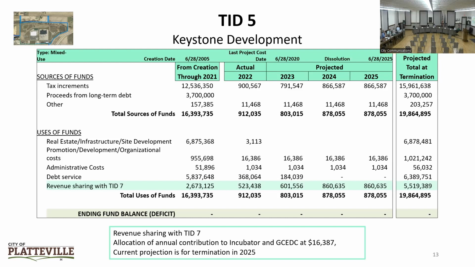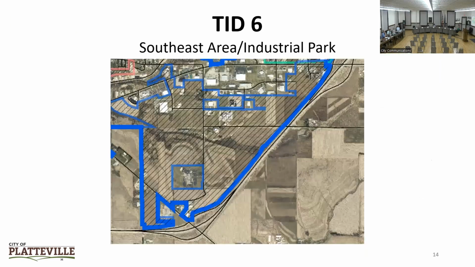Let's go to TIF 6. TIF 6 is our problem child, if you like. You can see the boundary here. The boundary of TIF 6 is in blue, and it looks particularly heavy on the city boundary because that's where TIF 6 is adjacent to the city's boundary. TIF 6 was created in 2006.